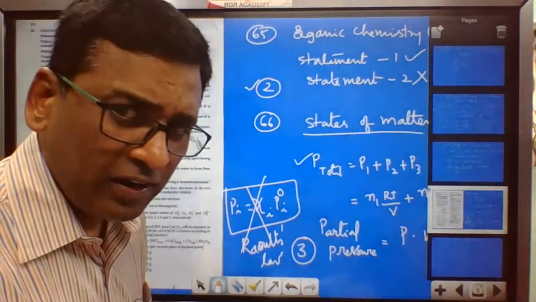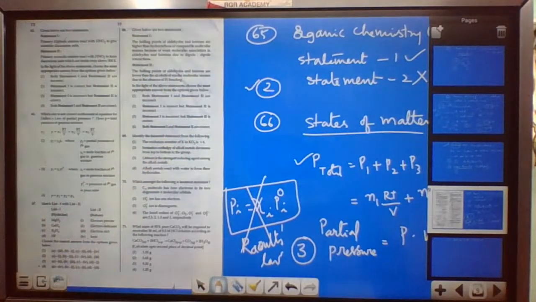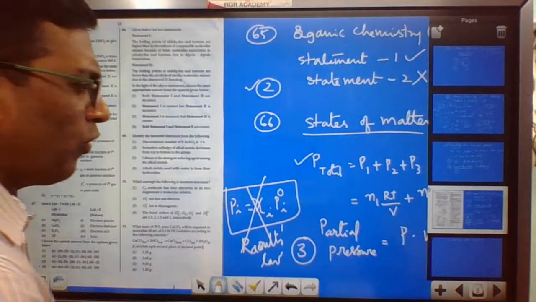Diborane is an electron deficient compound. So C is 2. HF is electron rich. Why?